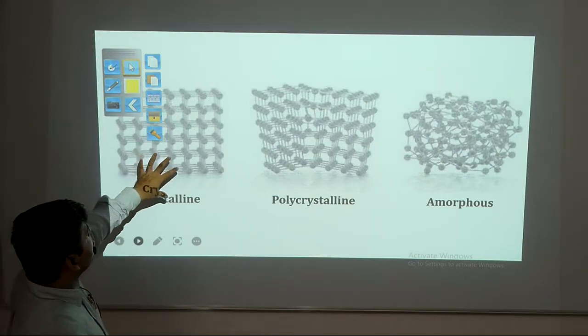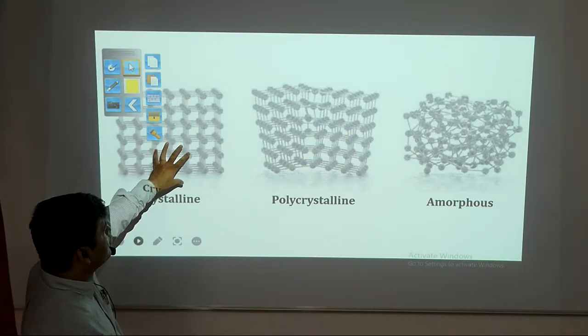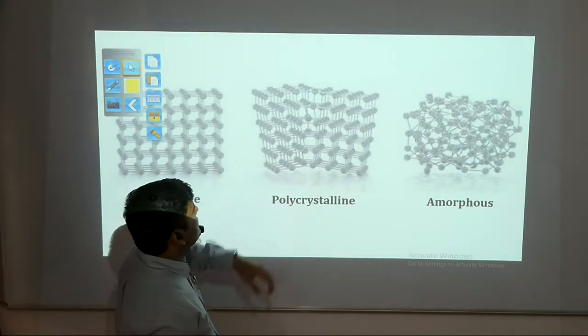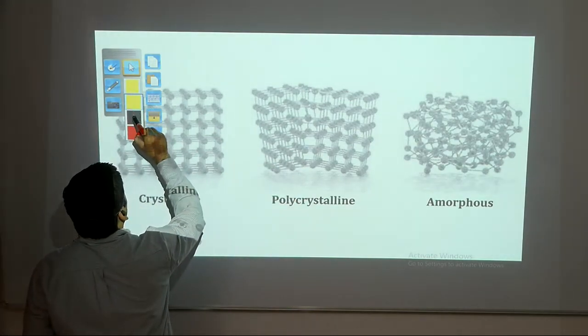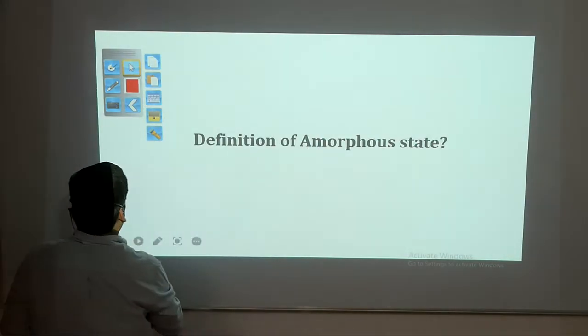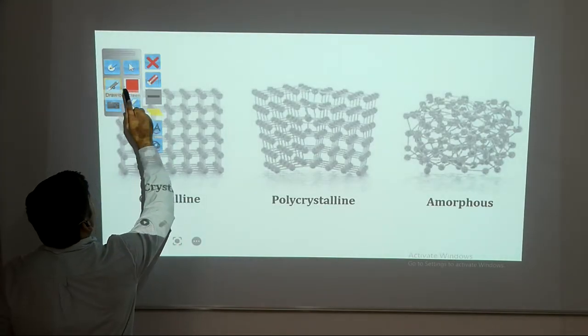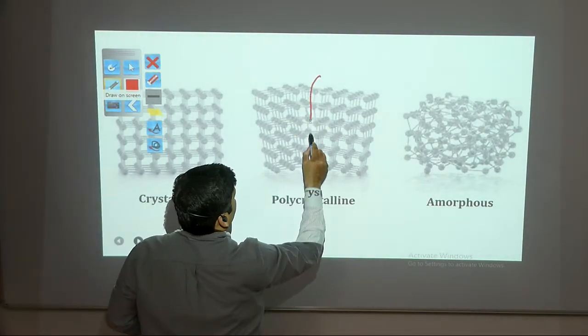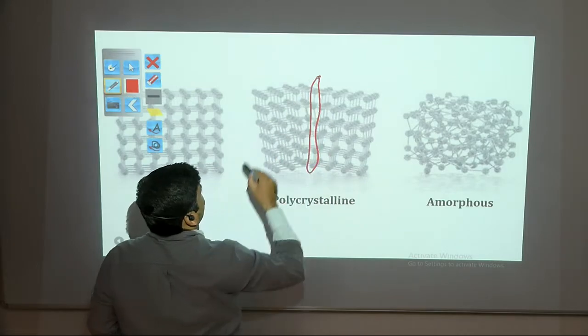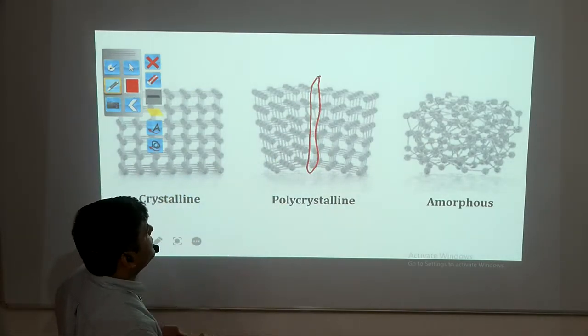Okay, so over here we can see the regular arrangement is there for the crystalline solid. Then over here we can see this regular arrangement has been interrupted around this grain boundary. So we can see the grain boundary is the region where periodicity has been interrupted.